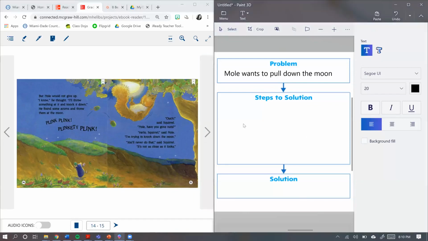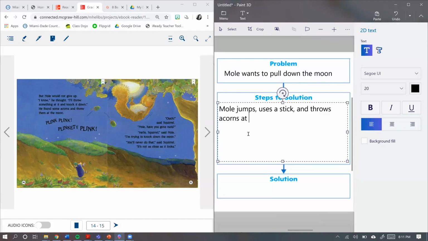We just figured out the next part of our chart. If we were together during carpet time, I would ask you guys, what are some of the things that Mole does to try to solve his problem? Well, we would say, Mole jumps, uses a stick, and he even throws acorns at the moon.